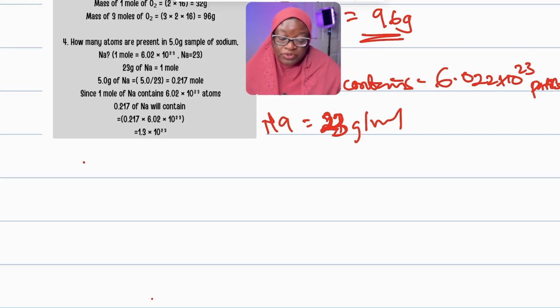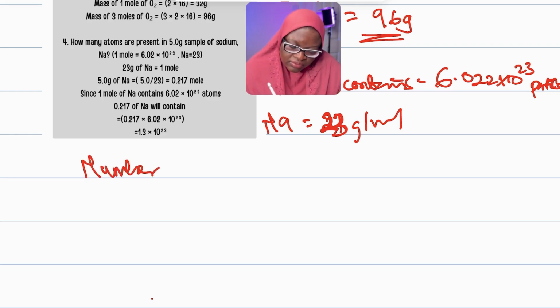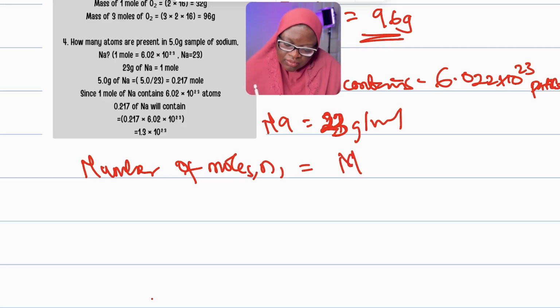Number of moles, remember, is mass over molar mass.